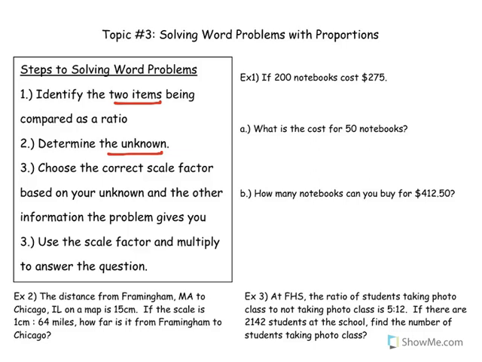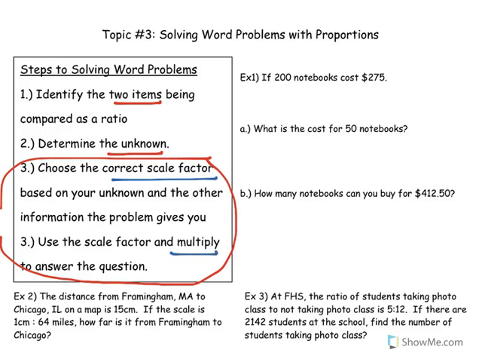Determine the unknown, okay? I'm going to change these two steps up a little bit at one point. But step 3 says to choose the correct scale factor, okay, based on what you're trying to figure out. And I'm going to explain what that means in a little bit, all right? Once we have that scale factor, we're going to be able to multiply to answer the question, all right?